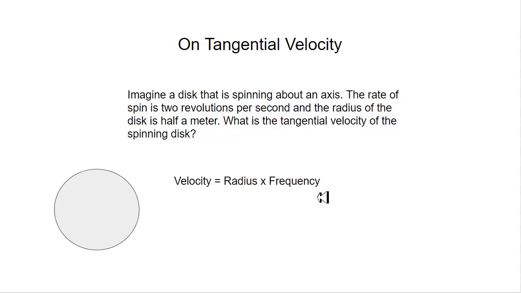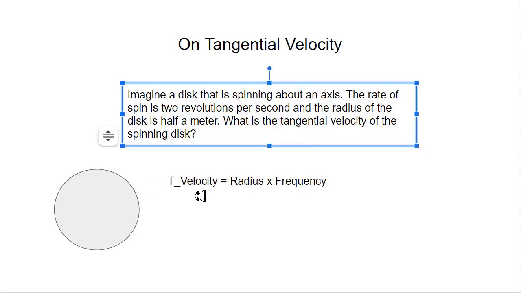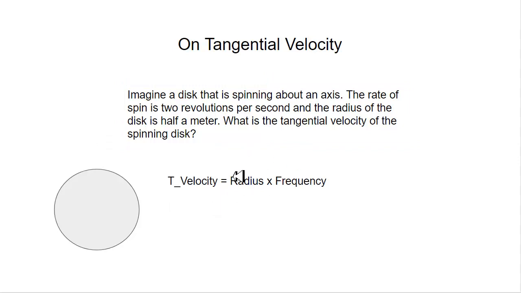I often will do it in words just to wrap my head around what is going on. So the tangential velocity is the radius of the disk times the frequency with which it is spinning.